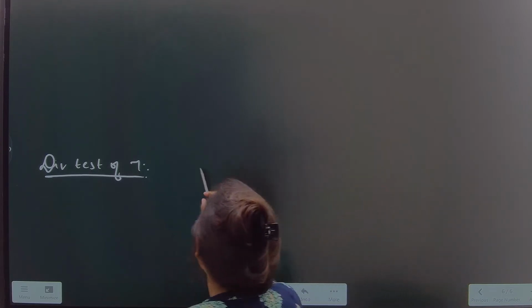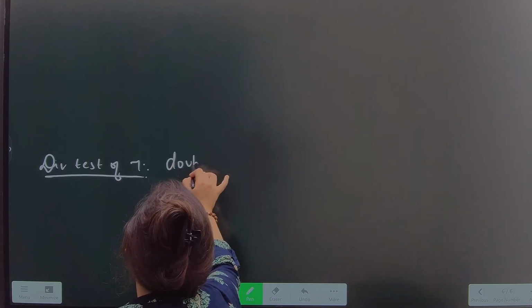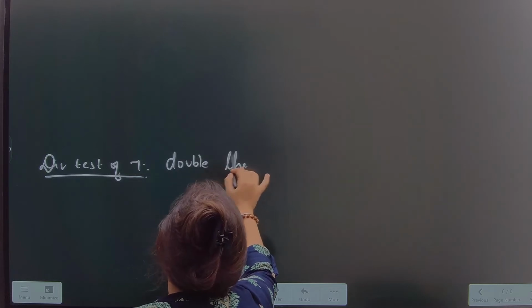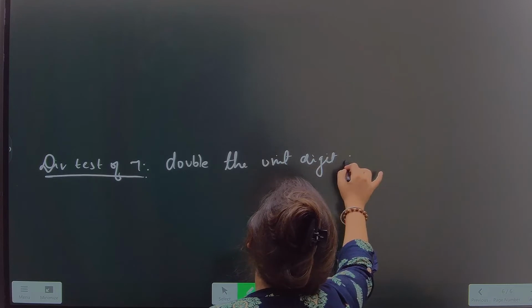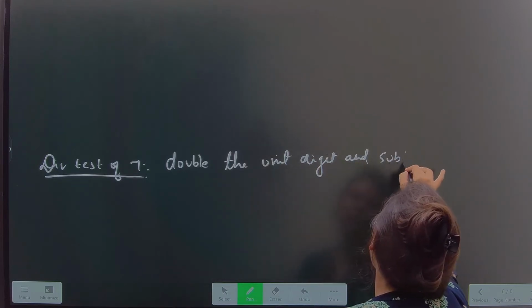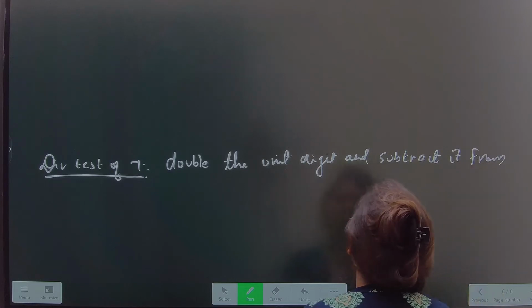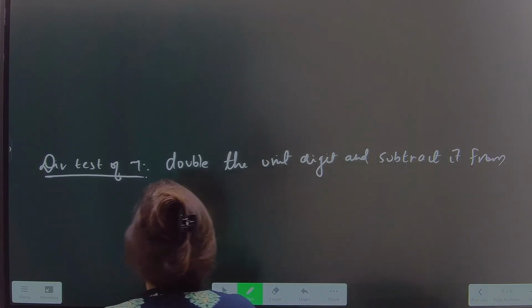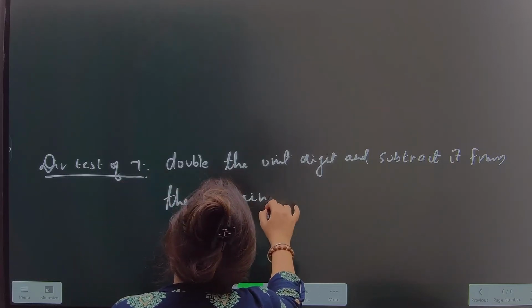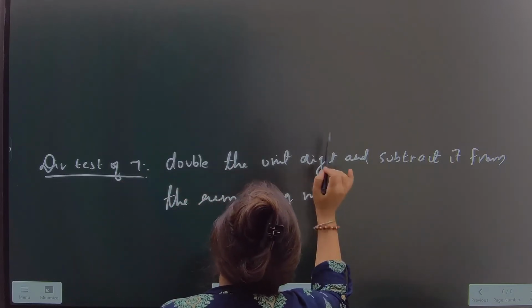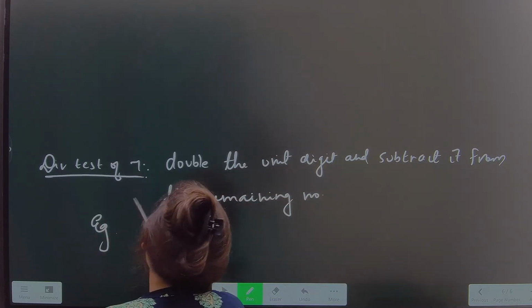For that, you need to double the last digit or the unit digit, and subtract it from the remaining number. Let us say, for example, 343.